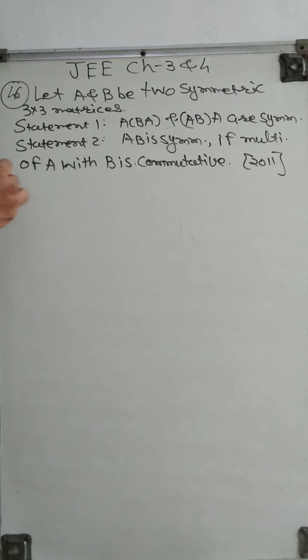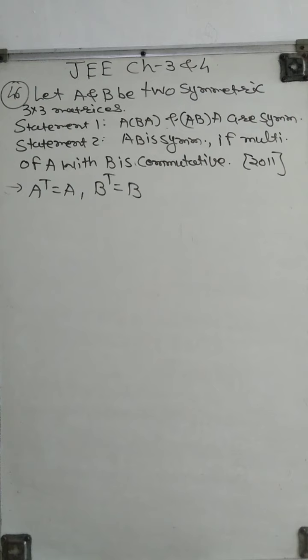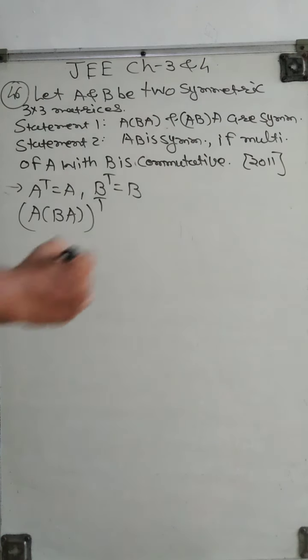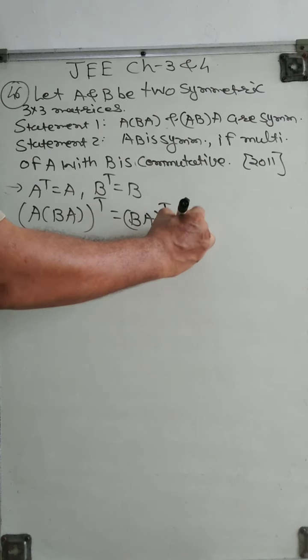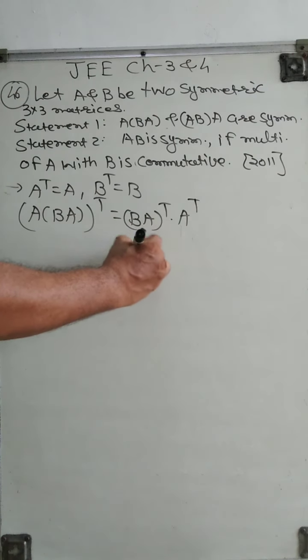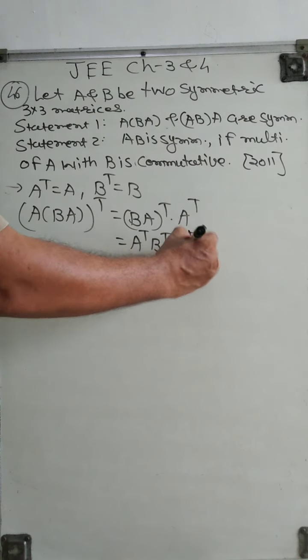We take A and B are symmetric, therefore A transpose is equal to A and B transpose is equal to B. Now symmetricity means (ABA) transpose is equal to A transpose, B transpose, A transpose, right?